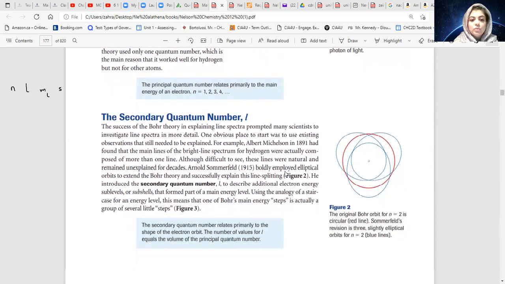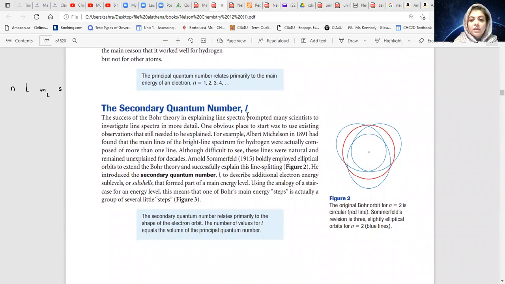The second quantum number is l. Quantum number l is the shape of the orbital.